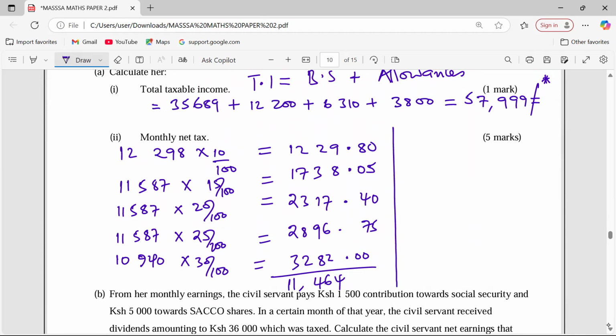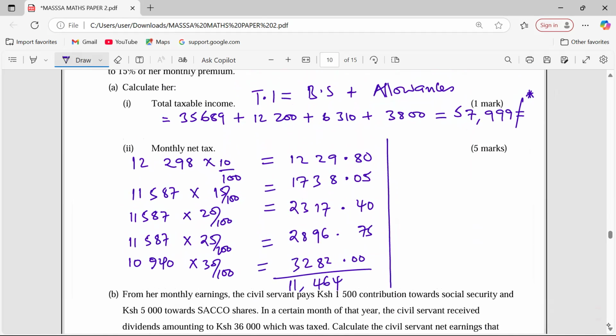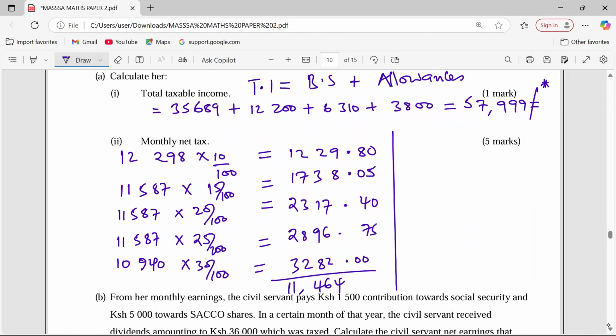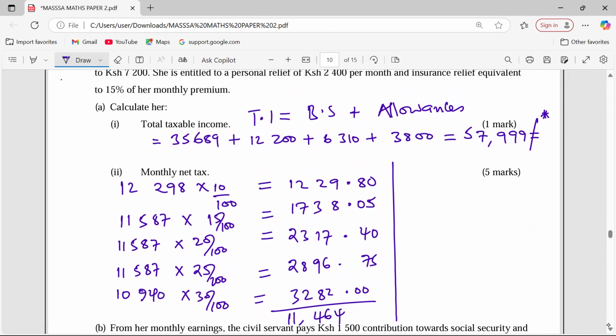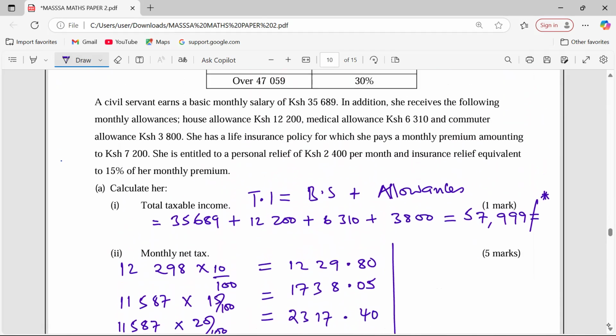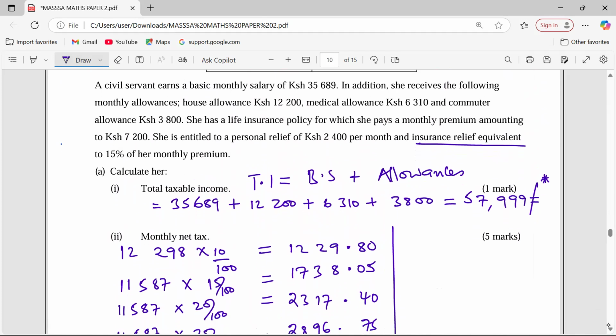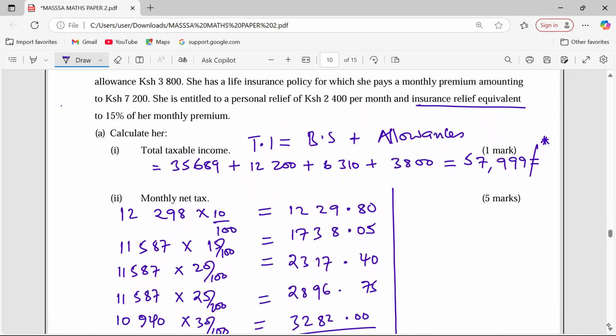But now we need the net tax, whereby we should first subtract all the tax reliefs. Insurance relief equivalent to 15% of the monthly premium. So insurance relief is 15% of 7,200, and that will be 1080.